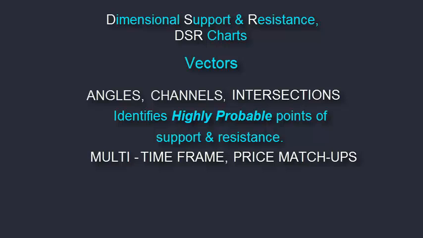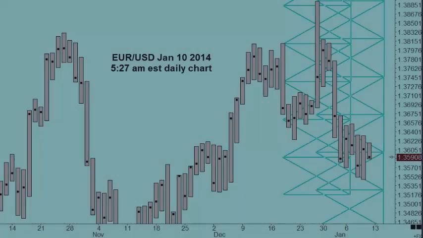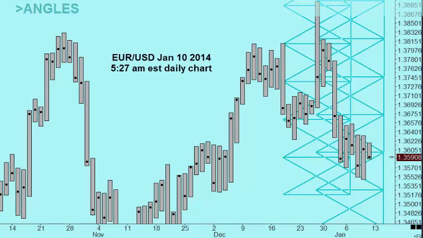DSR charts can be applied to multiple markets by multiple trading styles, all resulting in the same high degree of accuracy. Let's look at some specific examples of each component and how a trader might use these alerts. The first component we want to look at is angles.